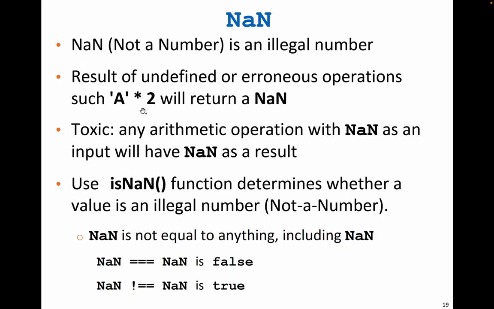And not a number, or in short NaN, means that it's an illegal number. So if we try, for instance, to do an erroneous operation like a times 2, you'll get this not a number result. And any operation with NaN will give us NaN.